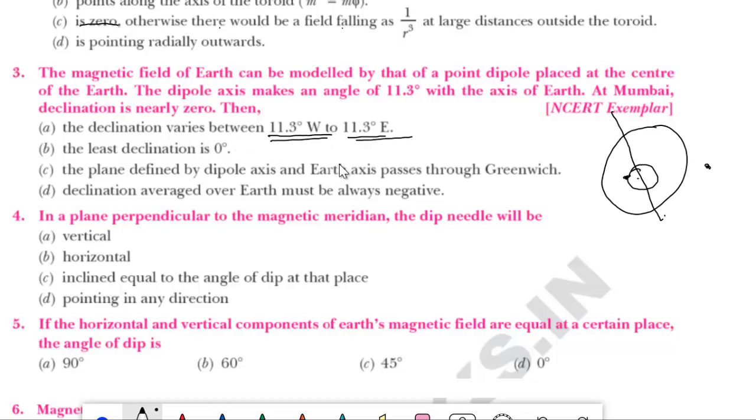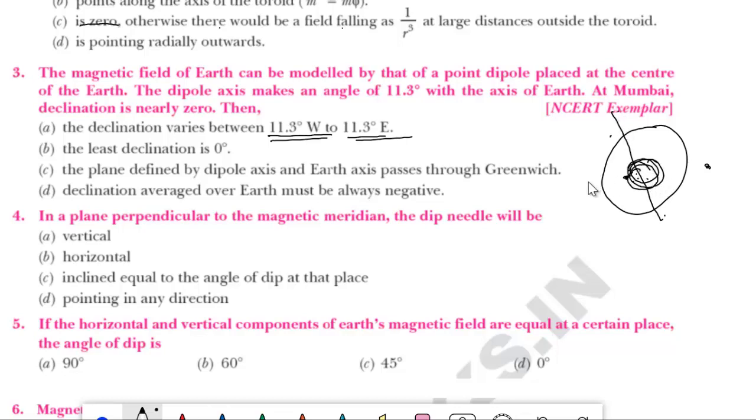The reason is Earth's magnetism, when we are considering magnetic field lines of the Earth, will be resembling the magnetic dipole located at the center of the earth. So here a magnetic dipole is located.